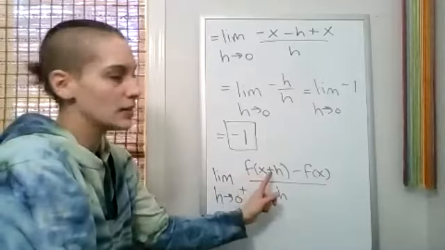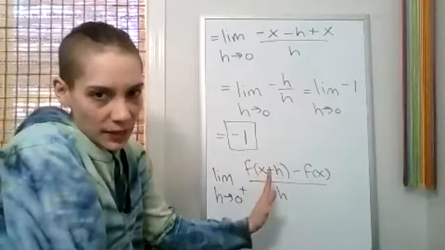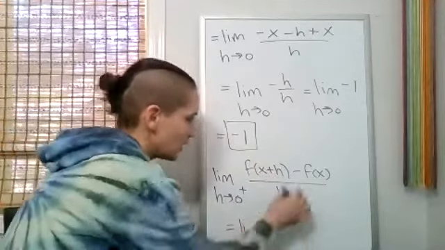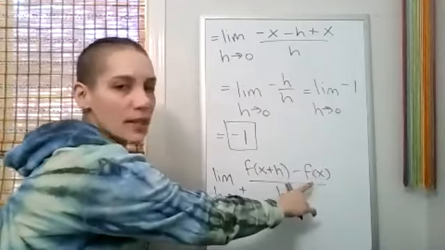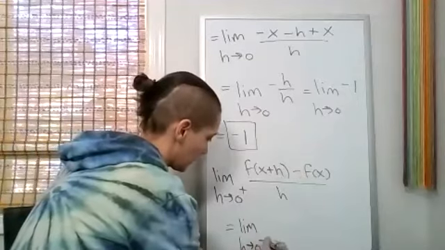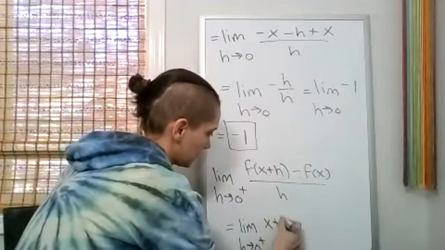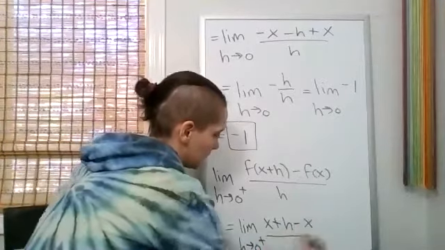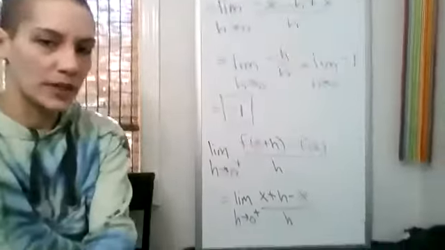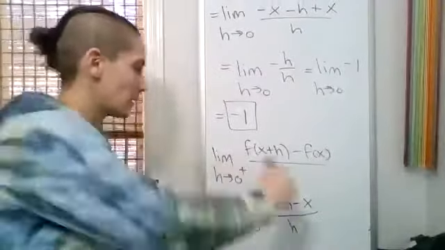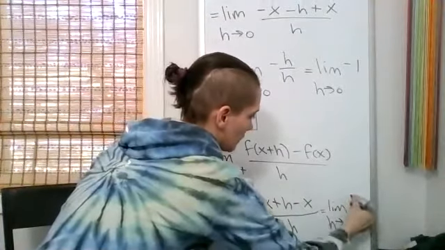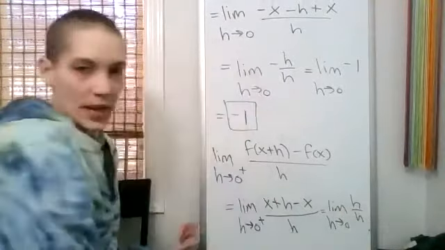So this is a positive value. The absolute value will just be x plus h, and same for this, the absolute value of x will be x. The limit as h goes to 0 of h over h. So this time I got positive 1.